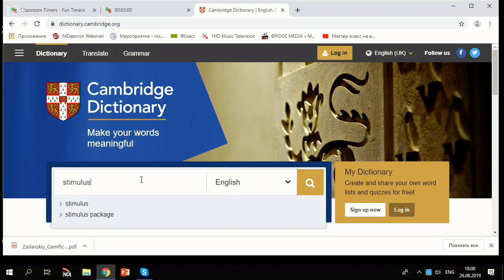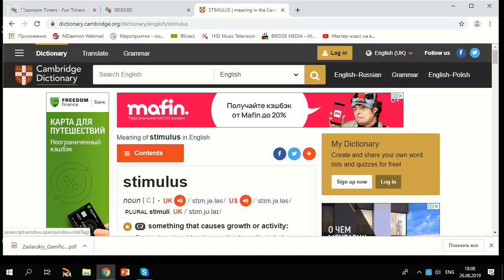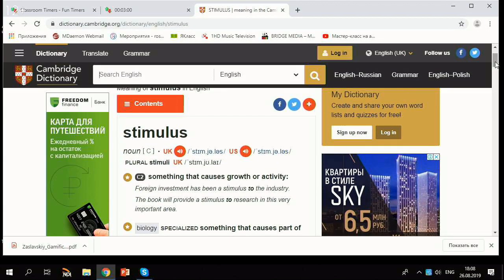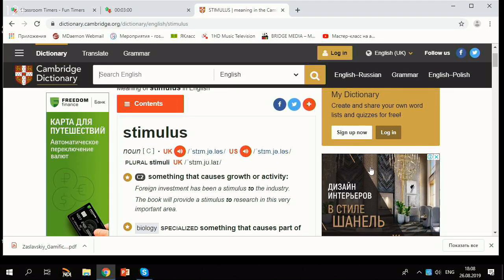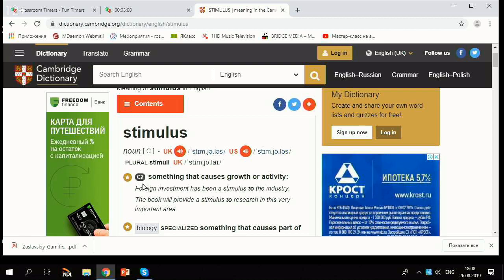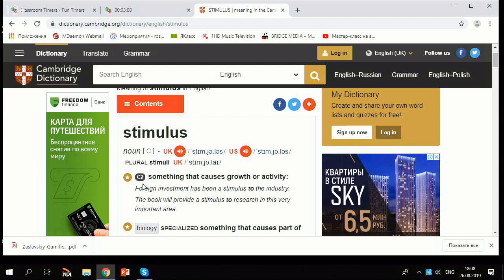So stimulus, here is the word, and the plural is stimuli, as you can see. And this is a C2 level word. So last time I was showing how you can define the difficulty level of words. So the word stimulus is a C2 level word. Hope if there is nothing else useful in this workshop for you, at least you have learned a new word.